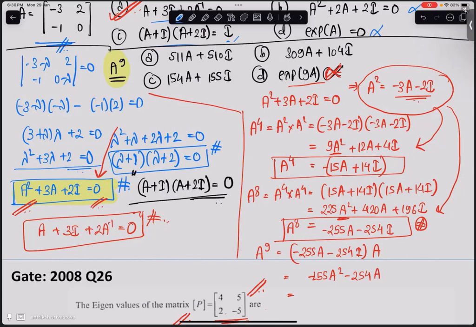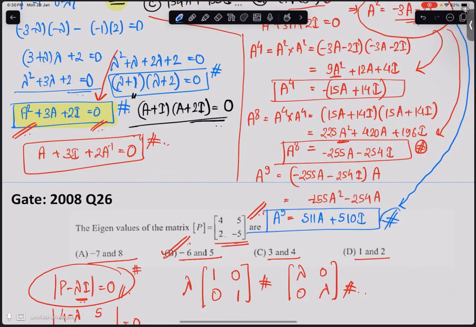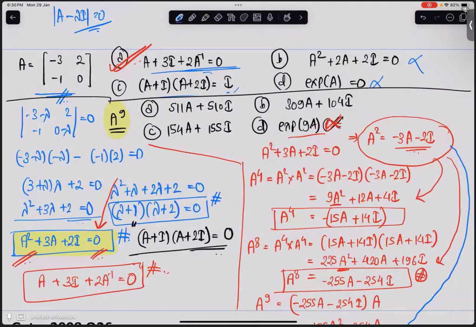We have to substitute the A square value from the characteristic equation here also. And finally, in the end, what you will end up with? A power 9 is 511A plus 510I. This is going to be your final answer in this case. So the correct option is going to be option number A.